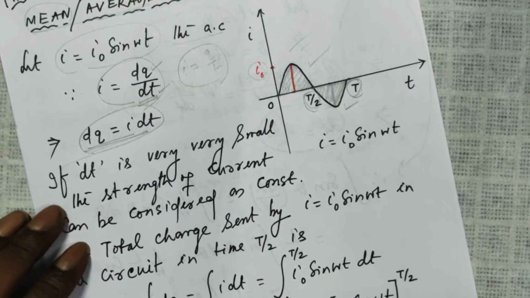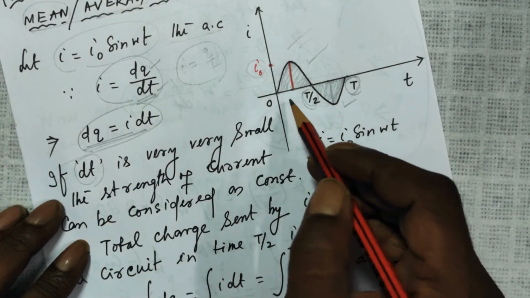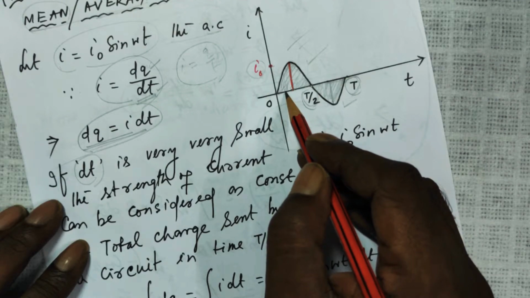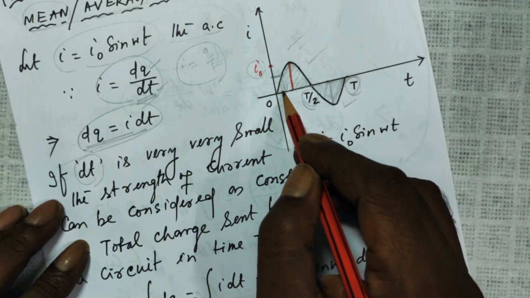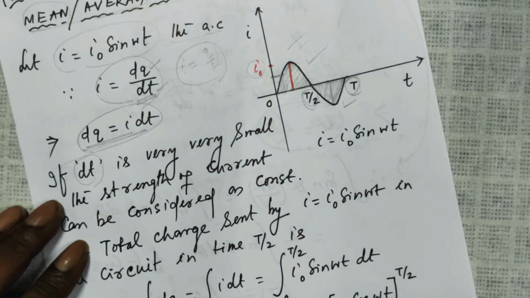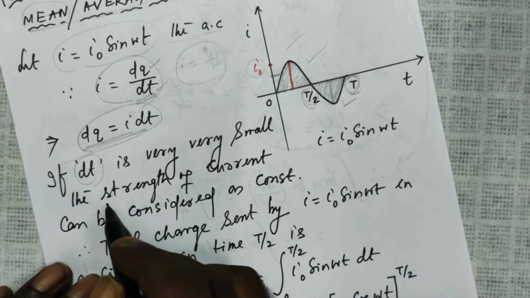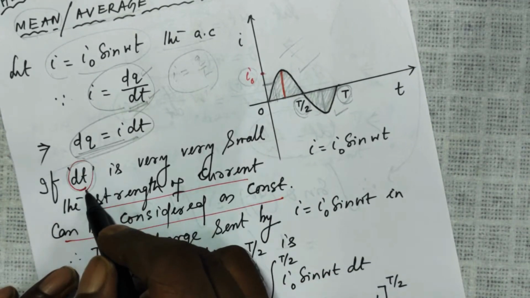If dt is very, very small, if you consider a very, very small interval here, and you move up, the current during that small interval is almost constant. Let me explain this part. The strength of the current can be considered constant if dt is very, very small.